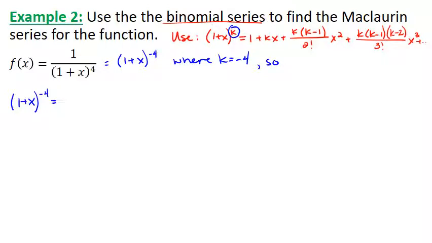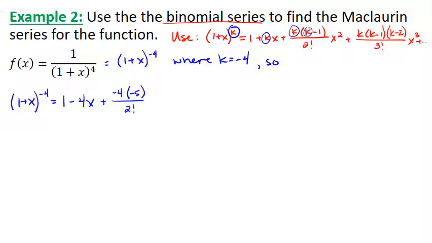First we have 1. Anywhere we see a k, we are going to replace it with a -4. So then our next term is minus 4x plus, we have -4 times -4, I'm just going to do it all together. -4 minus 1 is -5, all over 2 factorial.